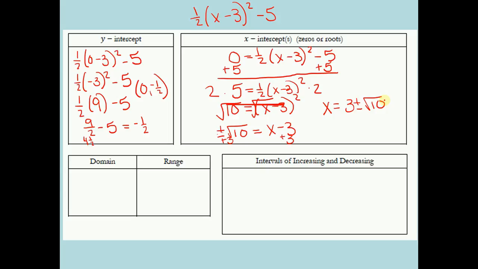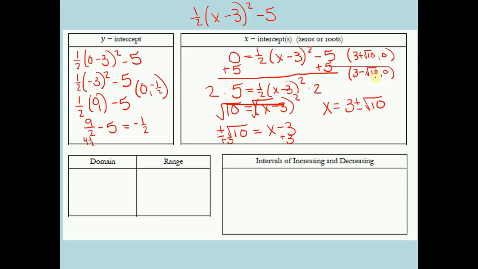Now, please write them as ordered pairs to see both versions. So I do have (3 plus the square root of 10, 0) and (3 minus the square root of 10, 0). So notice, guys, there's 2 pieces to that, because there's 2 x-intercepts, because I have a squared. So you do have 2 different ones.